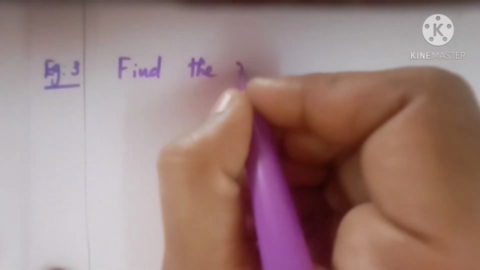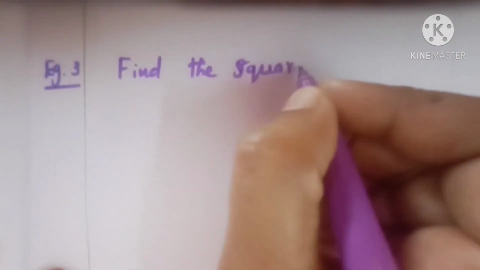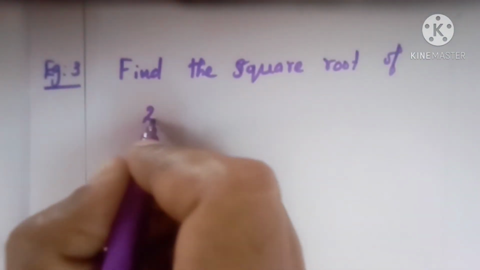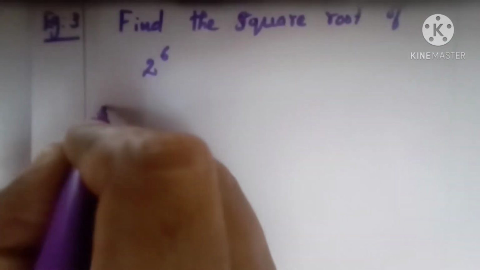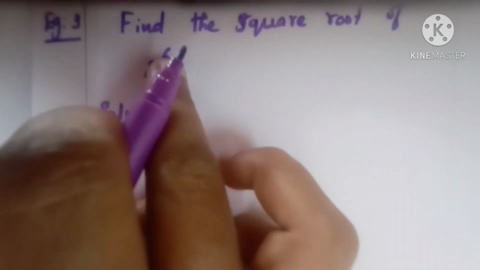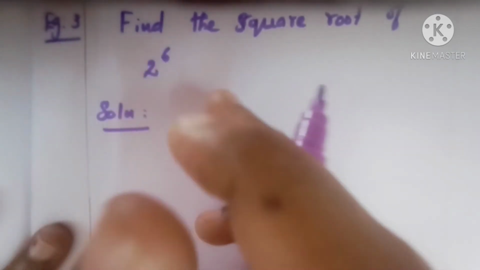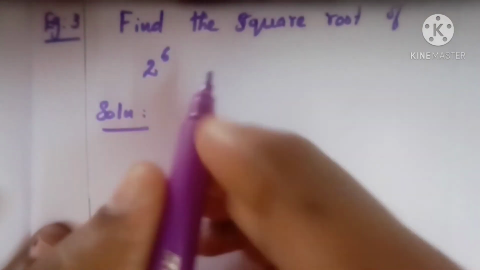Example 3. Find the square root of 2 power 6. Solution. It is very easy to do that. If a number is in exponential form, simply divide the power by 2.